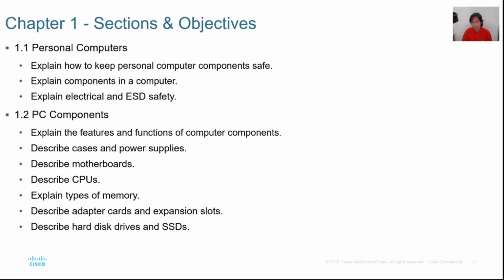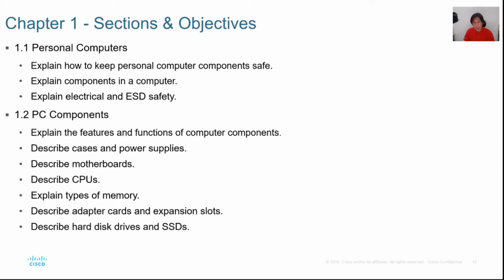Then in section 2, we have the PC components, which explains the features and functionalities of our computer components, describing the cases and the power supplies, and the largest circuit board in our desktop PCs, which is the motherboard. The brain of the computer, what we call the central processing unit, will also be described in terms of its specifications.